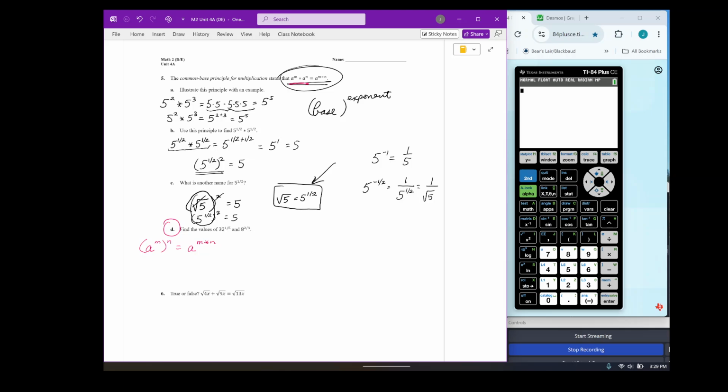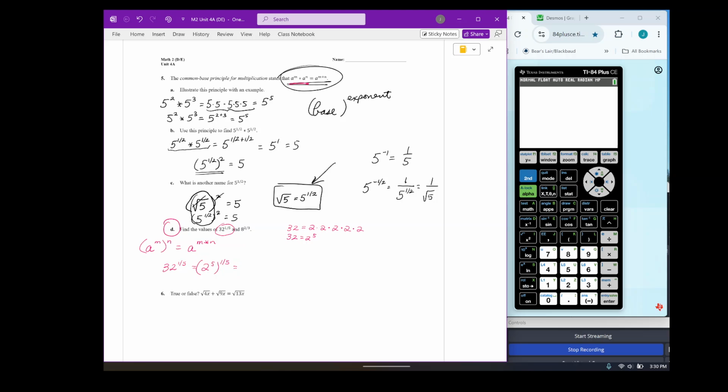So when we look at this one here, 32 to the 1/5, my hint here is actually that 32 is 2 times 2, which is 4, then 8, then 16, then 32. So 32 is really 2 to the 5th. So this right here is 2 to the 5th to the 1/5.